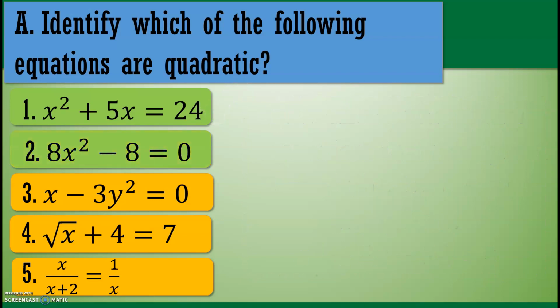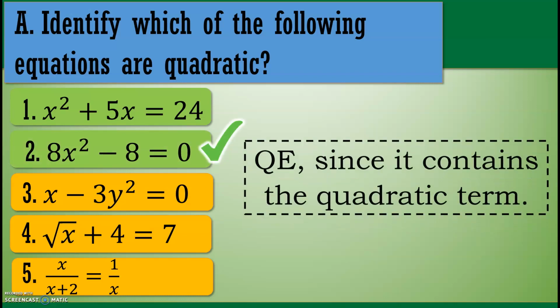How about the second item? Is it a quadratic? Yes, it's a quadratic. But sir, it's not complete. It's still a quadratic even if it's not complete. An equation can be considered quadratic if it has at least 2 terms, and at the same time the quadratic term is present, right?